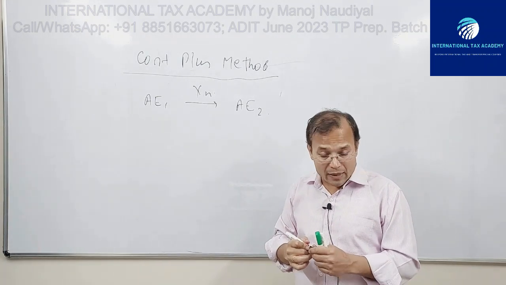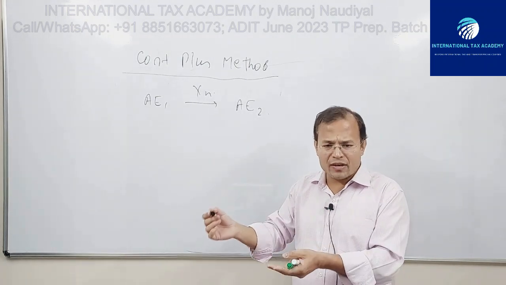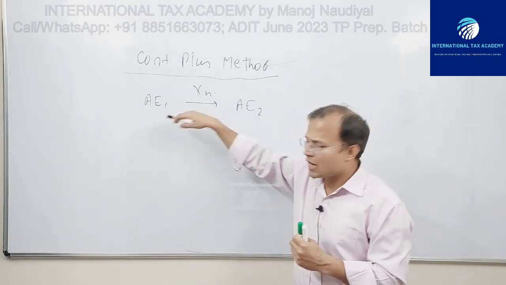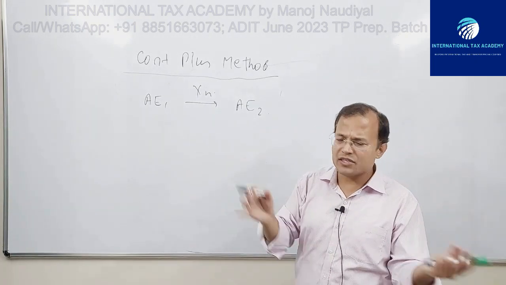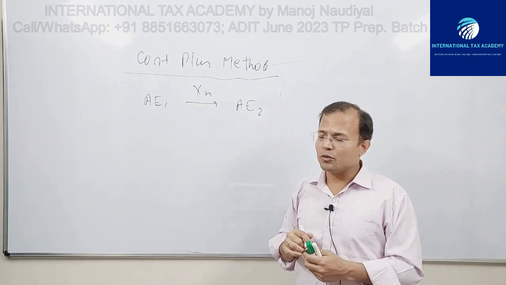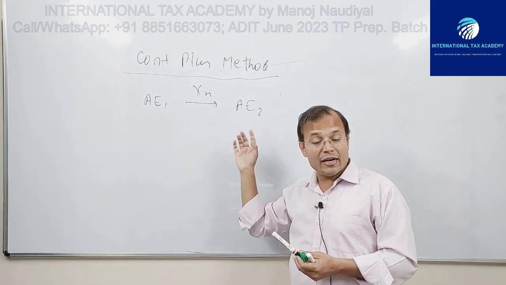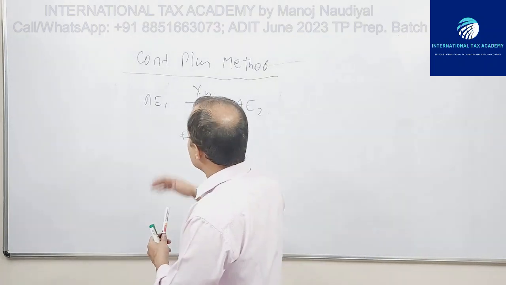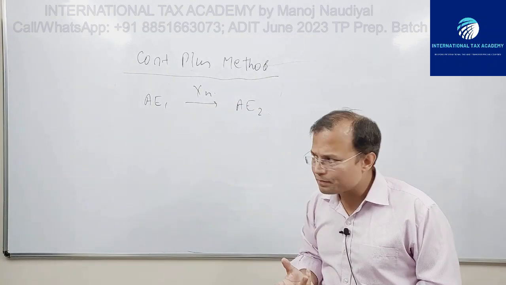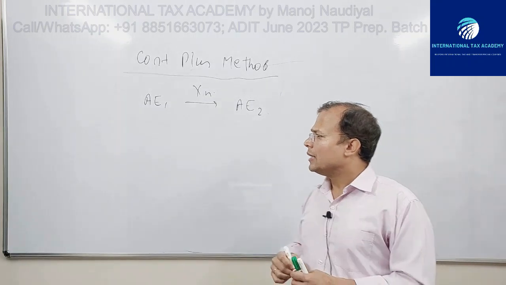It is manufacturing items, finished goods or even in semi-finished state, and then it is transacting or selling those semi-finished or fully finished items to your AE2. Fine. Obviously AE1, AE2, they are part of the MNE group. So in this case, AE1 is manufacturing an item.